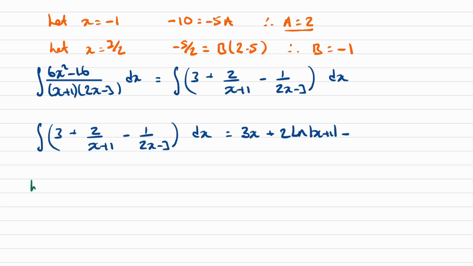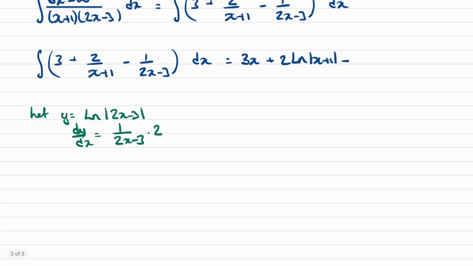If we let y equal the natural log of 2x minus 3, then when we differentiate this, we get dy by dx as 1 over 2x minus 3 multiplied by the derivative of this inner function. So dy by dx will be 2 over 2x minus 3.